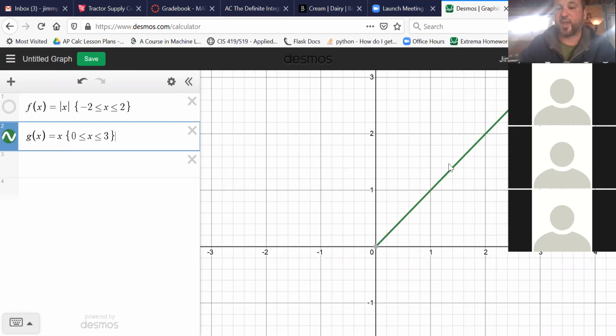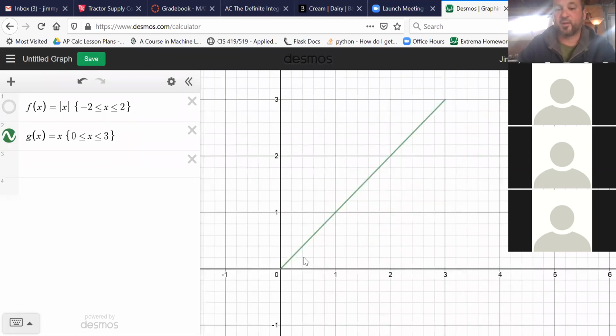And we want to find the area for here. So 1/2 base times height. Your base is length 3, your height is length 3. 3 times 3 is 9. So half of 9, 4.5. So the answer to that integral problem is it's equal to 4.5.